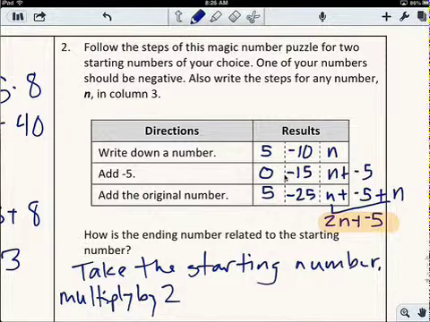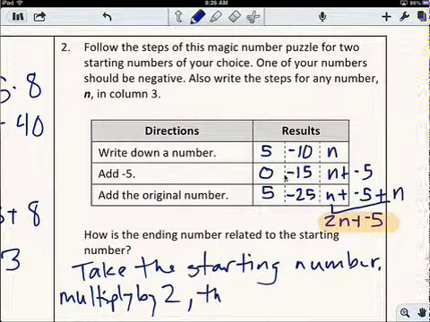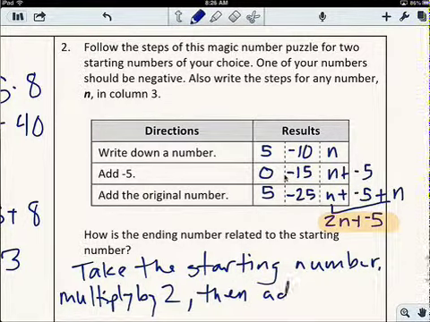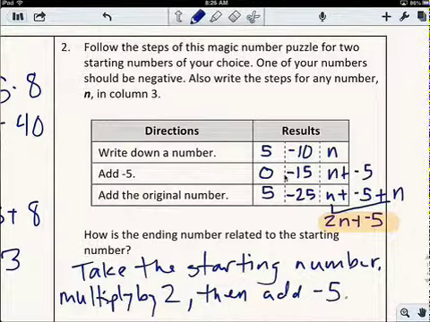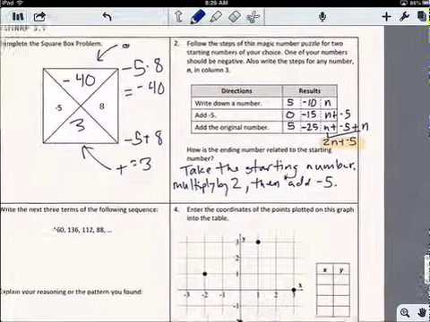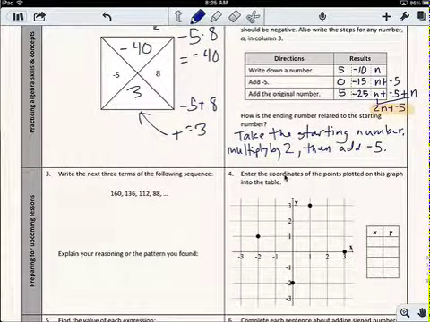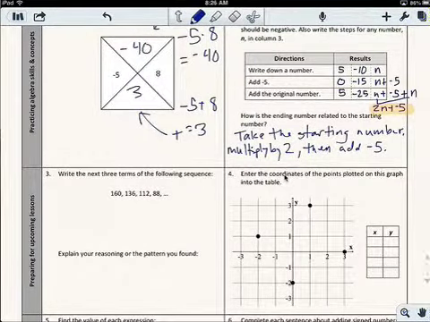That's here. Order of operations, multiplication comes before addition. So that says 2n, multiply by 2, then add -5. And so 2n plus -5, that's how you get 2n plus -5. Take the starting number, multiply by 2, then add -5.